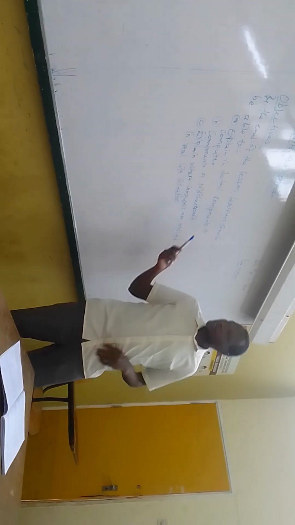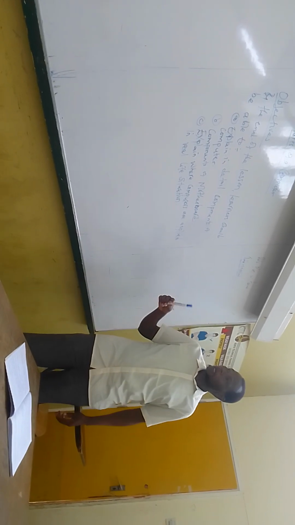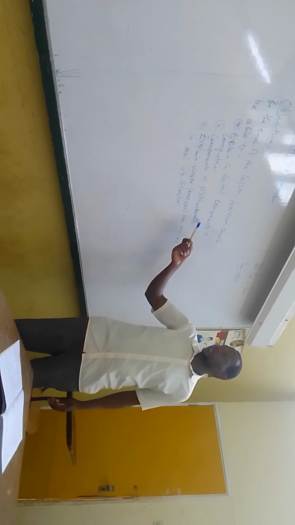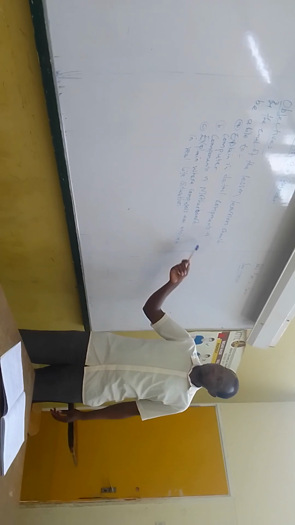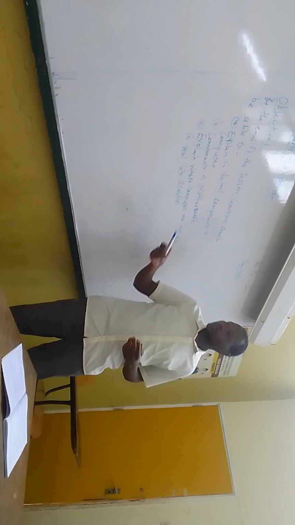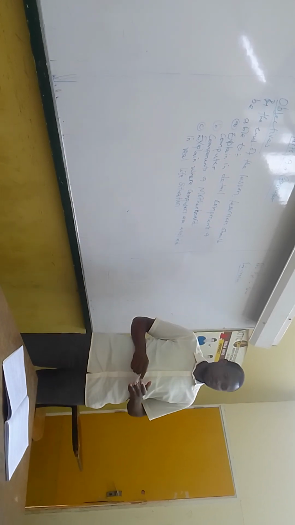My objectives that I expect you to learn by the end of this topic: you should be able to explain in detail the components of a computer. What makes up a computer? Number two, you will tell us some of the parts or components of a motherboard.